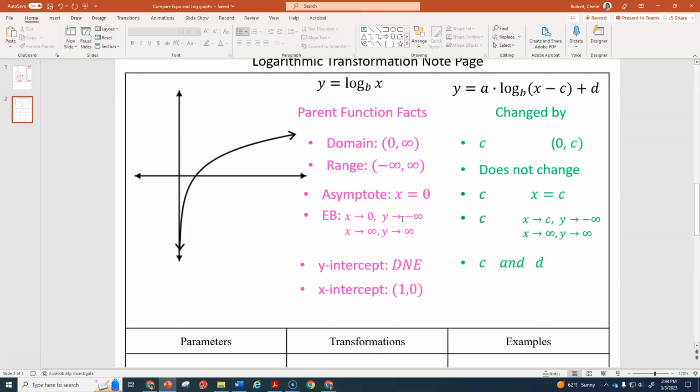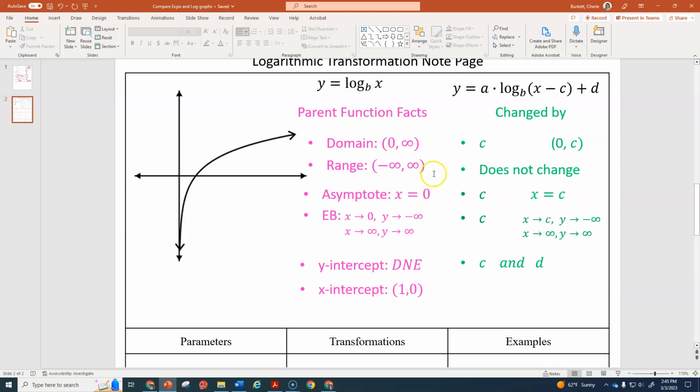But that should kind of make sense, because what does C do? C moves your graph left and right. And since your asymptote is now vertical, if I move it left and right, then you're going to be able to see that asymptote change. And the domain and the end behavior both involve the location of that asymptote.